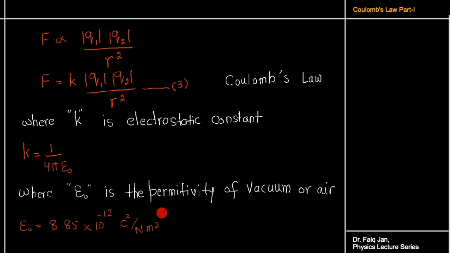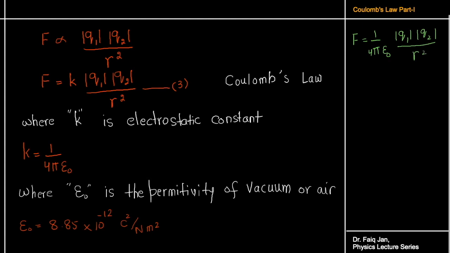The unit of epsilon naught can be easily determined from equation number 3. Let us write equation number 3 as F is equal to 1 by 4 pi epsilon naught, |Q1| into |Q2| by r squared.